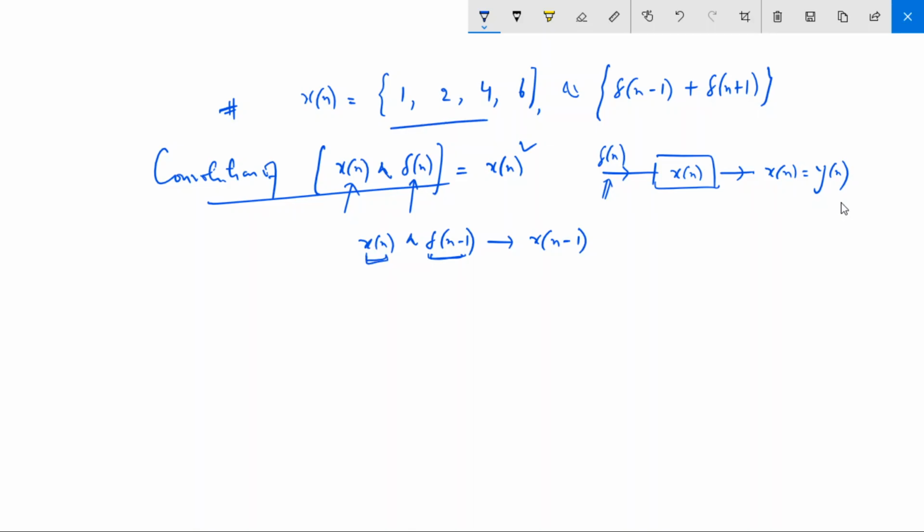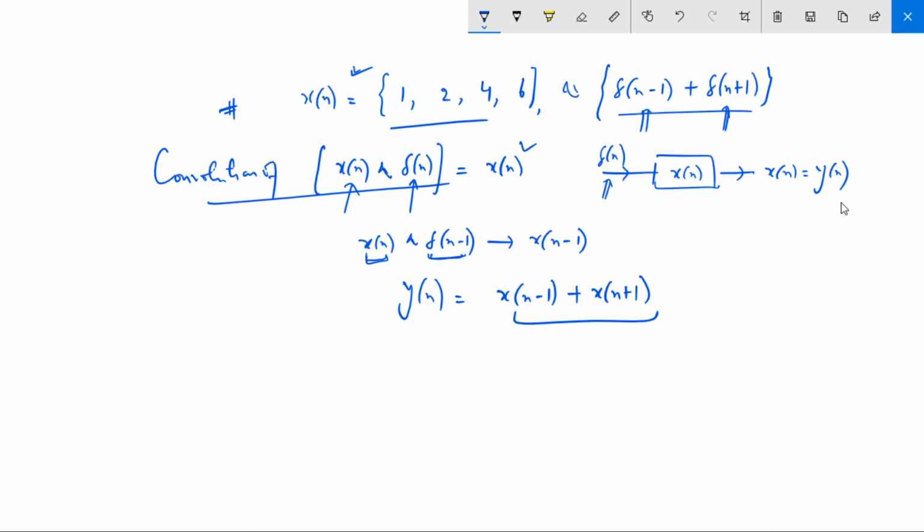So if you find the convolution of these two signals, what will be your output? It is nothing but x of n minus 1 plus x of n plus 1. These two impulses will simply shift the impulse response of the system by 1 unit to the left and the right, and then you have to add them together.